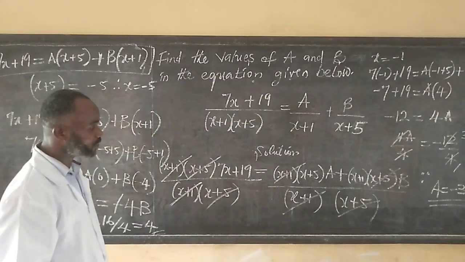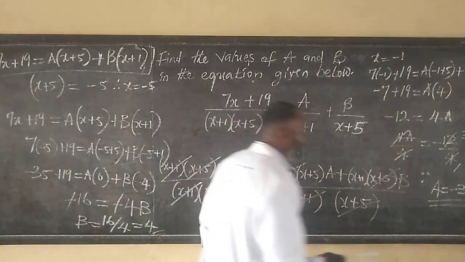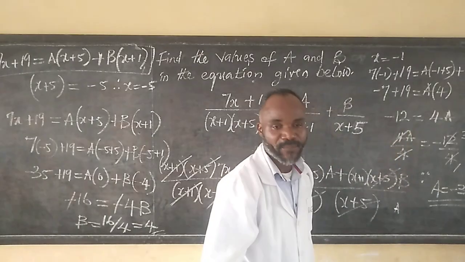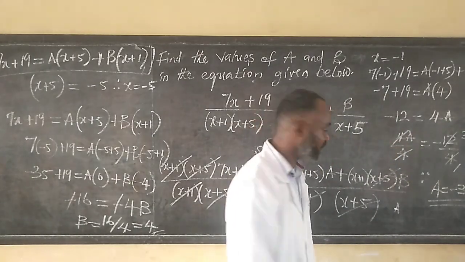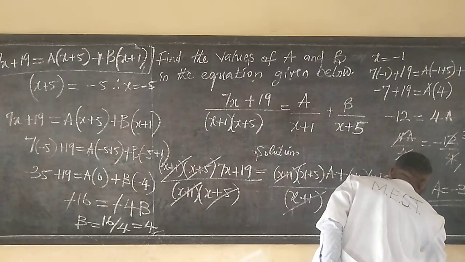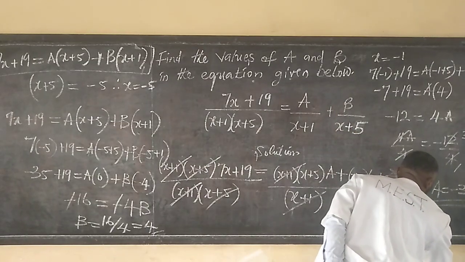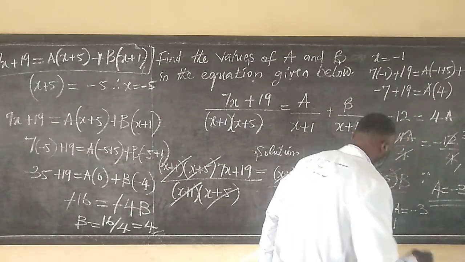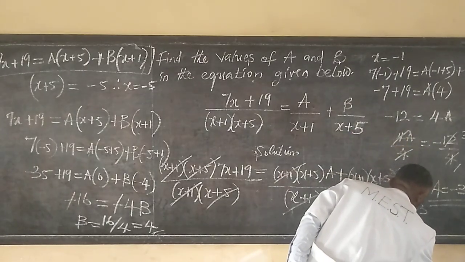We can simply summarize by saying the value of a is minus 3, while the value of b is just 4. Okay? Minus 3 is the value of a, and the value of b is simply 4.